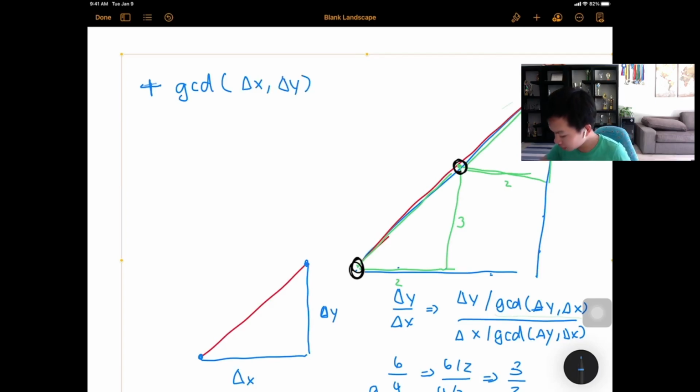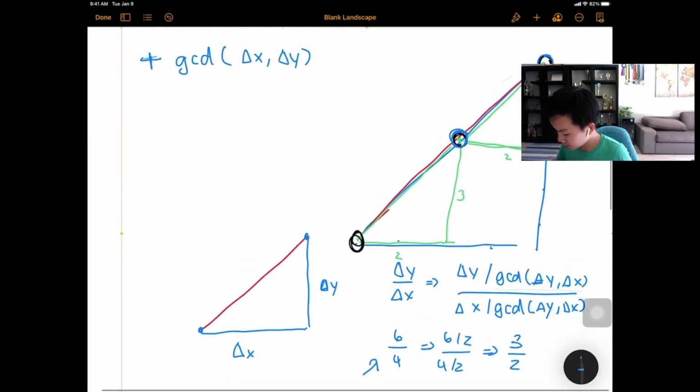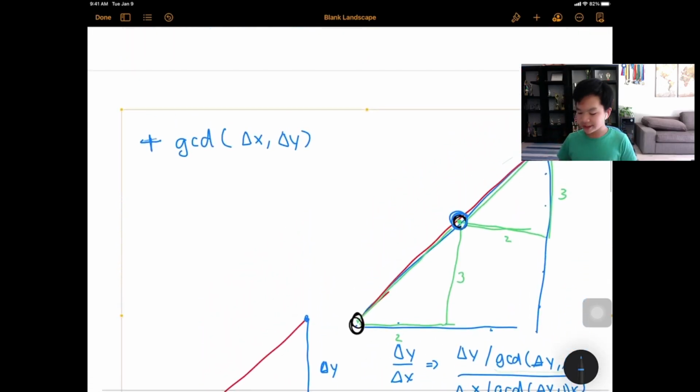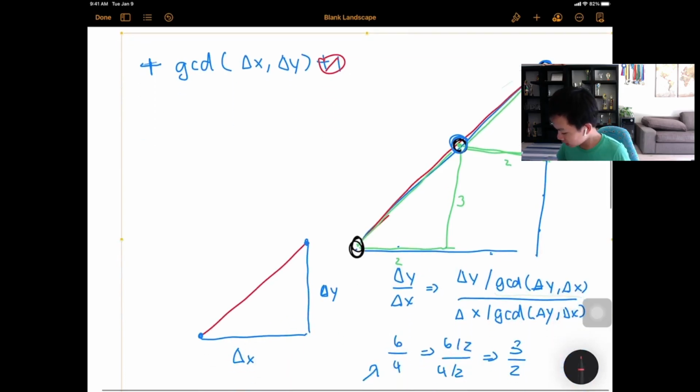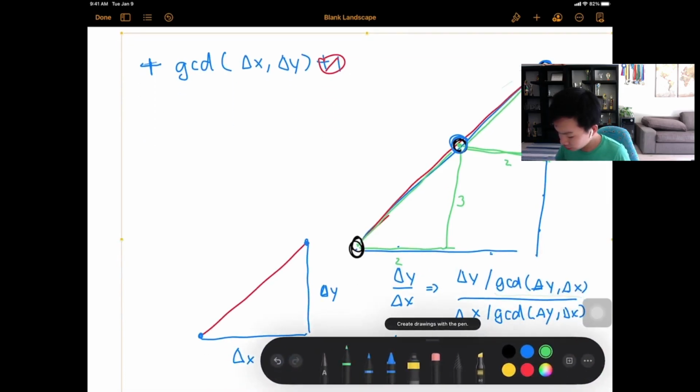So over here we're going to get 2. But over here we're not actually going to add an extra one. We're not going to do this because if you actually consider the whole polygon or the whole triangle over here.